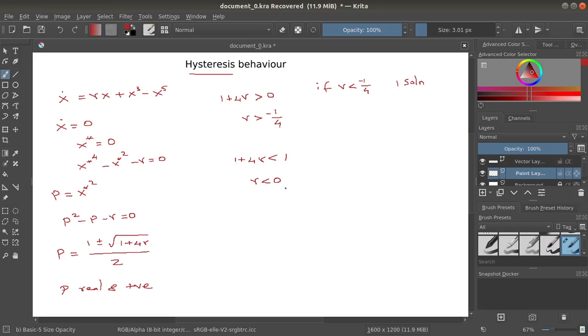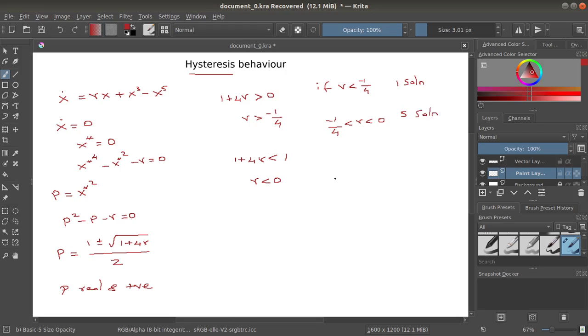So if my r is in this range, between minus 1 by 4 and 0, then I'll get two solutions for p, where both solutions are positive. So this equation will provide me 4 solutions. In addition to this, I will get 5 solutions.